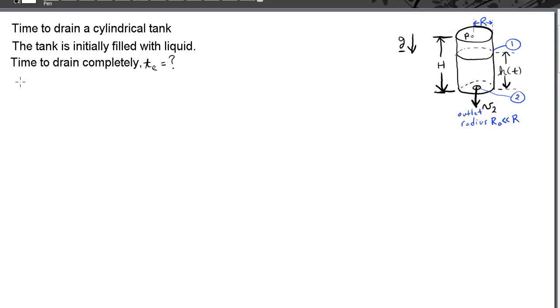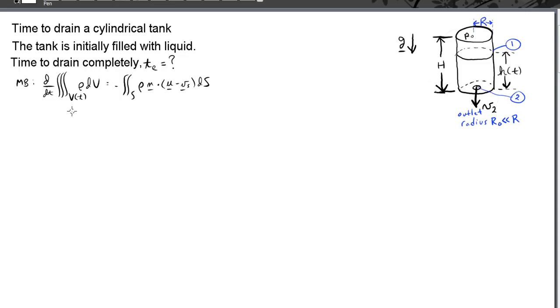If we look at the mass balance and apply it to the system, what we get is the time derivative of the total mass of fluid in the control volume is equal to minus the integral over all of the surfaces of rho n dot vs, or rho n dot u minus vs, ds.